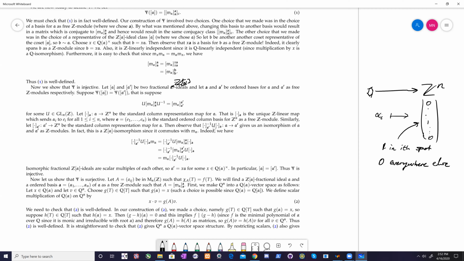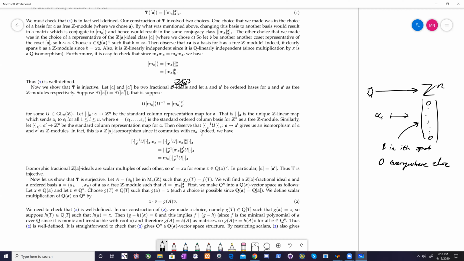Then we observe that when we compose bracket A with U, where U is this conjugating matrix over here, with bracket A prime, we get a Z-linear isomorphism from A to A prime, right? So this is an isomorphism as Z-modules. But in fact, we actually have an isomorphism of Z[alpha]-modules.